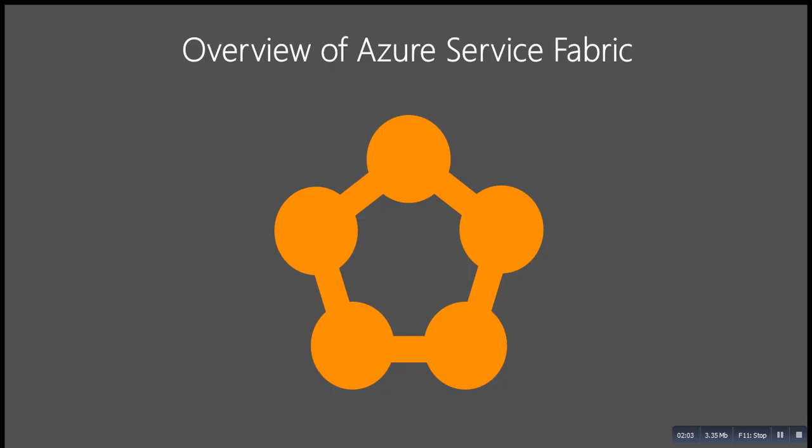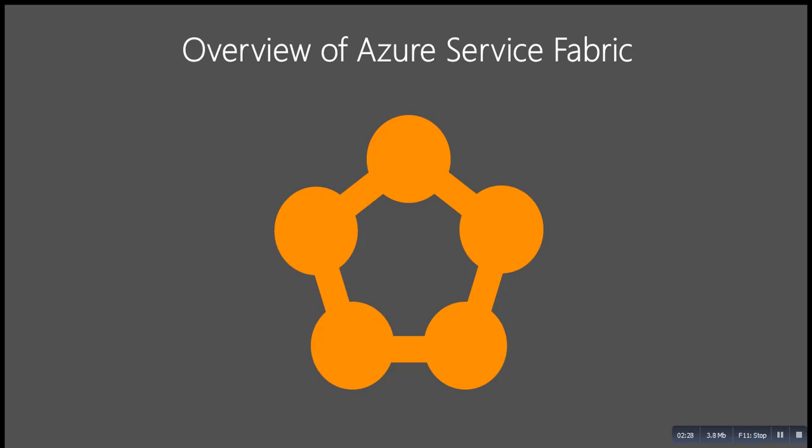That's where most of the focus would be, where a developer would be focusing on developing the business logic instead of worrying about the infrastructure, platform, and cross-cutting concerns. All this will be taken care of by Service Fabric itself.